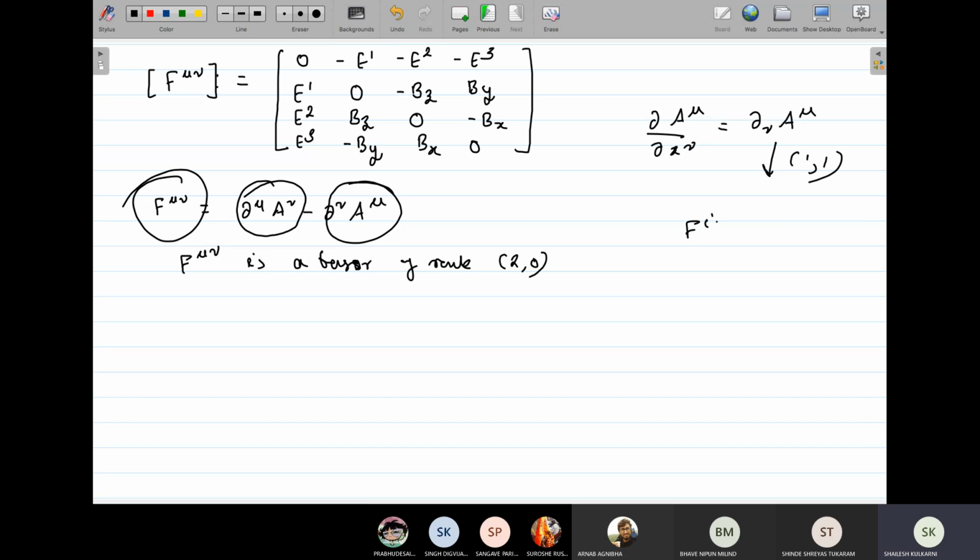Fij is not a Lorentz tensor, but F mu nu is. Is that clear? Fi0 is not a 3-vector under Lorentz transformation.